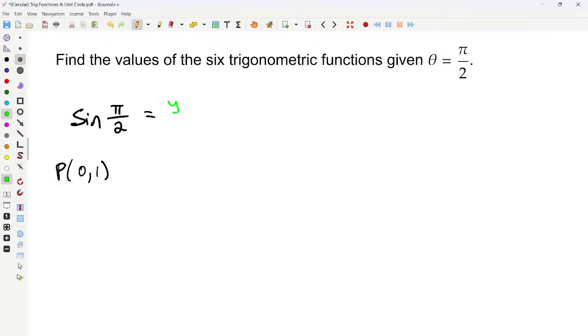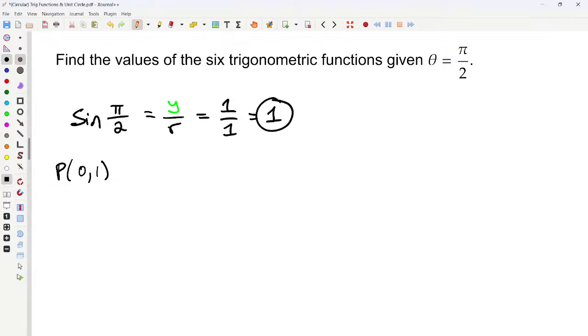Sine is y over r. But wait a minute. If we're going to think about a unit circle, which is helpful for the following reason, what's r going to be? 1. I know we said that a bunch of times tonight. So let's think about the unit circle because it's really helpful, not just for that. What's the y value? 1. 1 over 1, but I don't want to do that ever again.